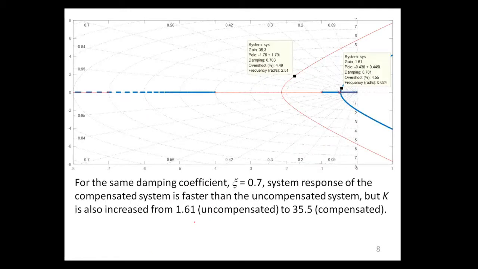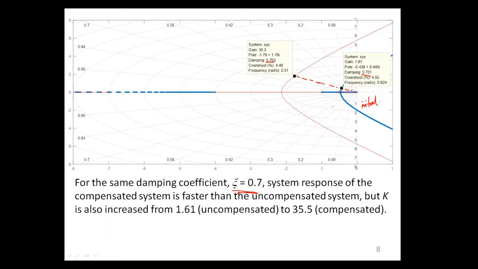Okay, the root locus of this compensated system is shown in this slide, and you may see that for the damping coefficient zeta equals 0.7, we draw a straight line up. This is the 0.7 line, and you may see that this causes the whole graph, where blue is the initial system without the compensator, to change.